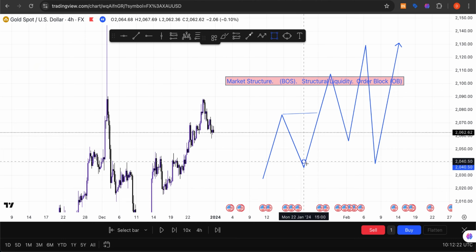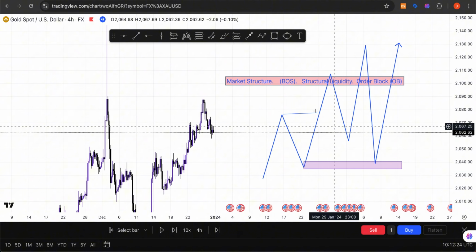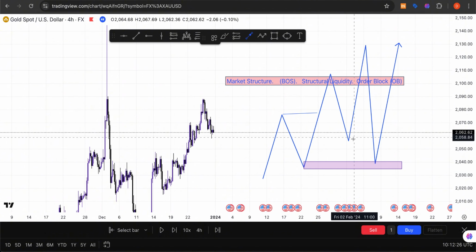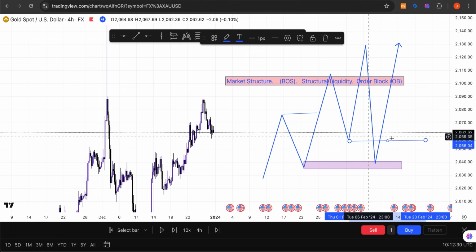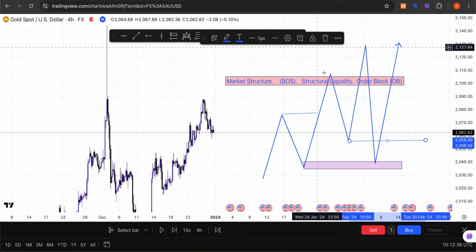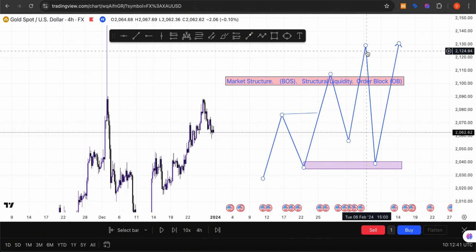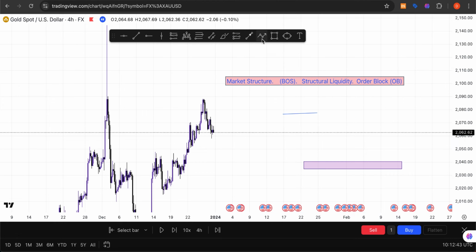We can see our order block here. Then this is the structural liquidity. This is the liquidity that must be taken out of the market. That is where the liquidity is gathered. It's also called inducement. So that is the strategy. Also the same thing for downtrend.